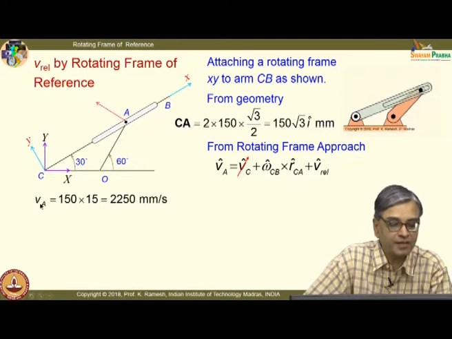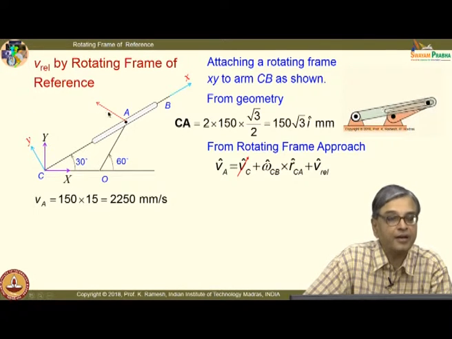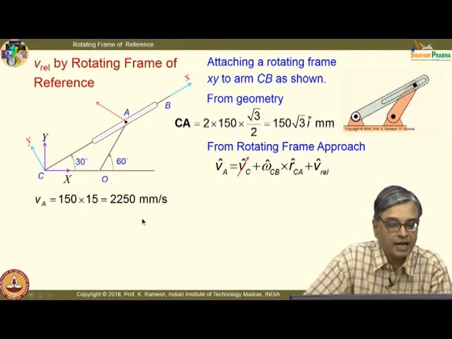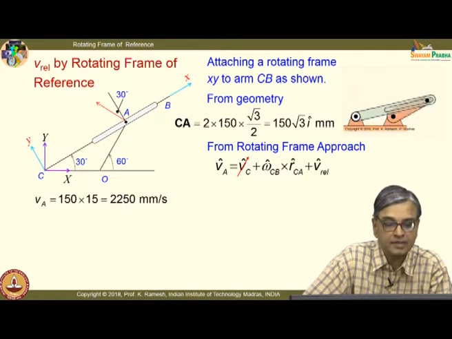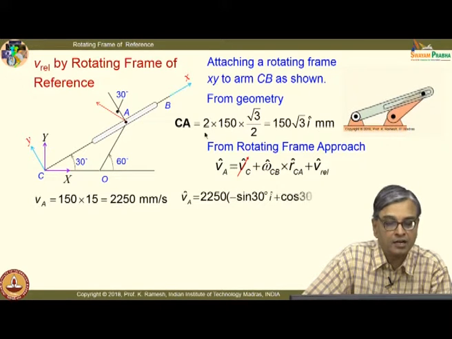We know VA, this is completely known, and I can also express VA because I know the geometry of the system and the relative orientation of the rotating frame with respect to that.